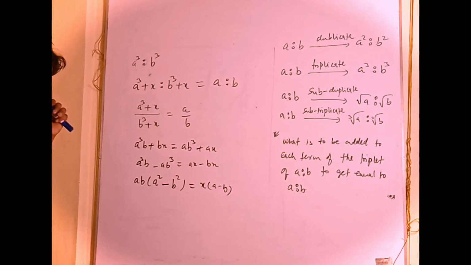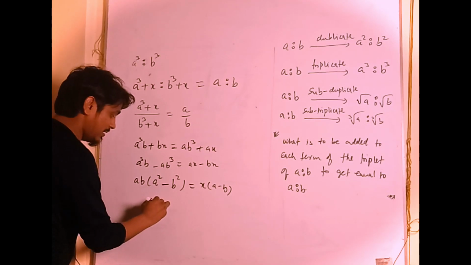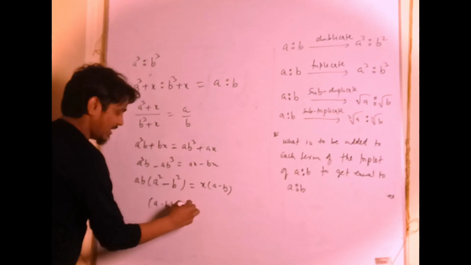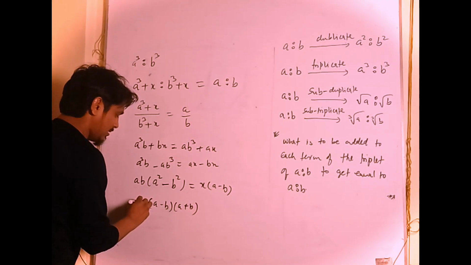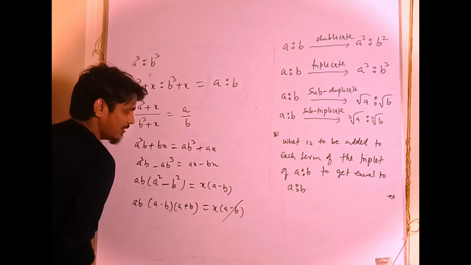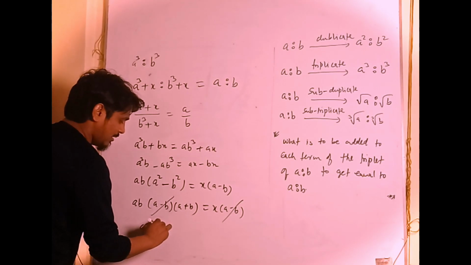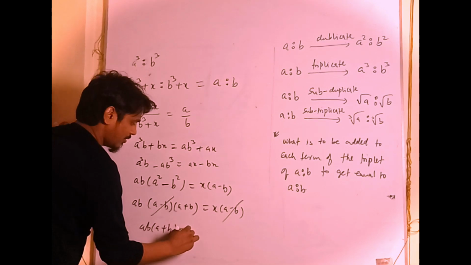Now further you might know about this identity. A square minus B square identity means this is (A minus B) multiplied by (A plus B), times AB, is equal to x times (A minus B). And you can find that A minus B and A minus B are going to cancel, means AB times (A plus B) is equal to x.